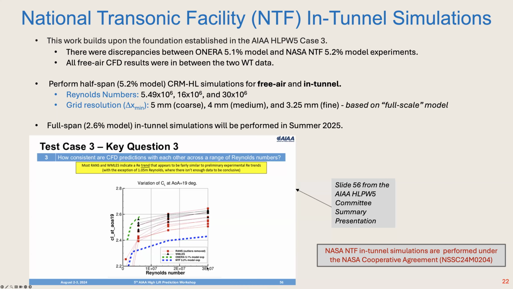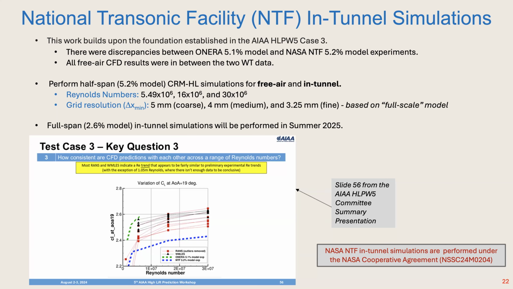This is at a moderate Reynolds number, and there was some delta between the two. And then free air wall model LES, all those black symbols, were somewhat close to the Onera data, and the question is, what's really the cause of that delta and why is the NTF data lower?